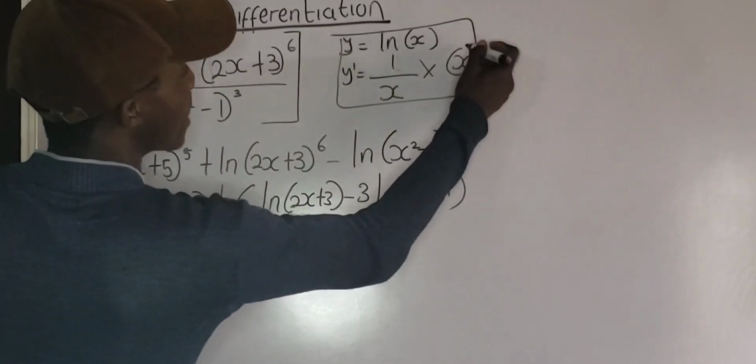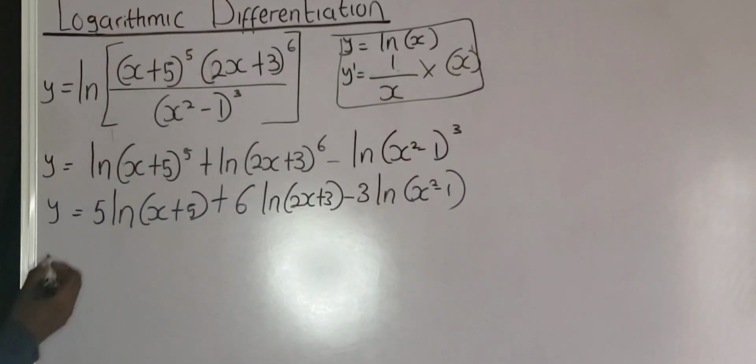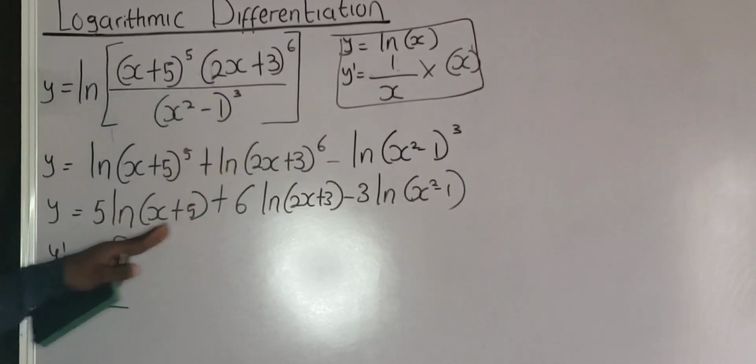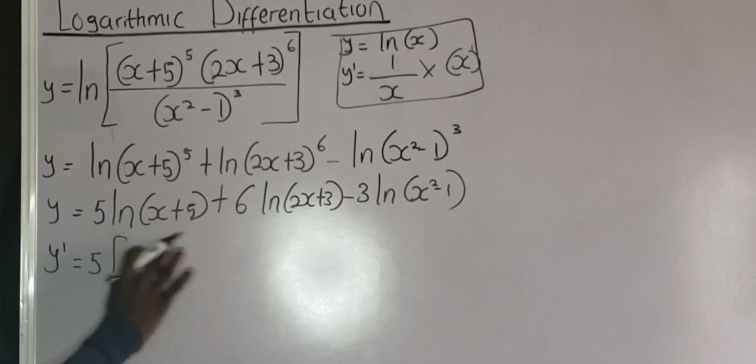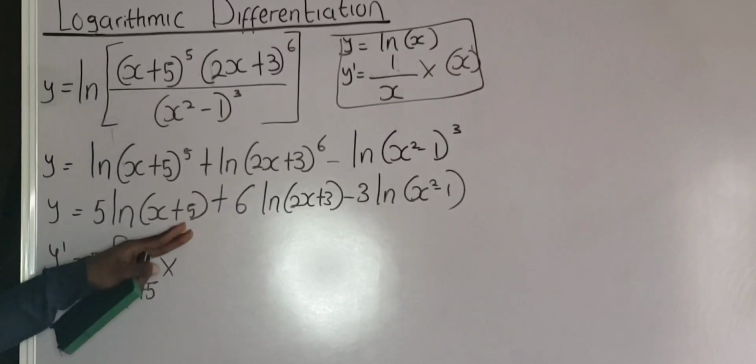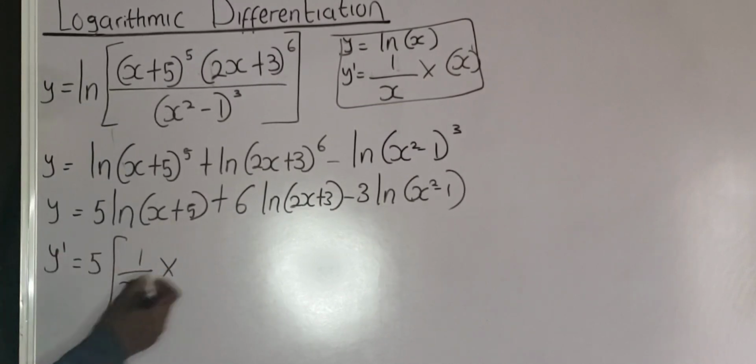So please don't forget, okay? Now let us proceed. The derivative of y is equal to 5 multiplied by 1 over (x plus 5) multiplied by the derivative of (x plus 5). If you differentiate x plus 5, you are going to get 1.